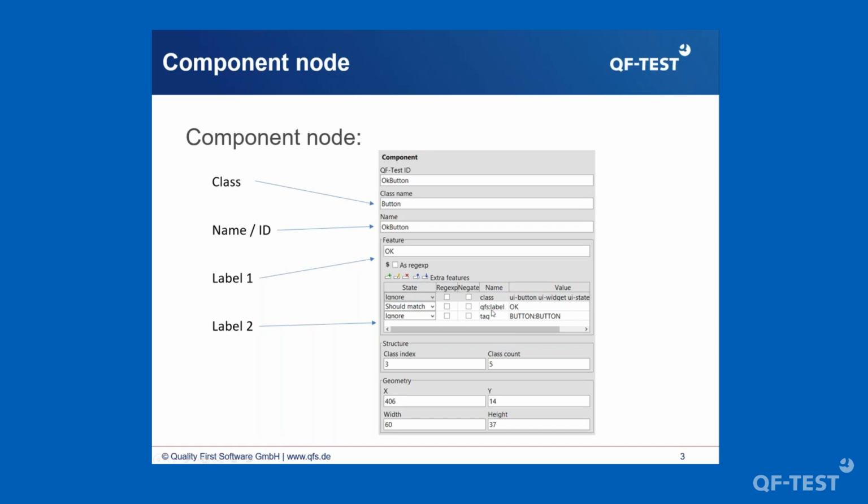So that goes into the QFS label in the extra features. And then we also got the index, and well, we have not implemented geometry for SmartIDs because that's too weak for proper component recognition. At least when you've got the idea to keep simple things simple.